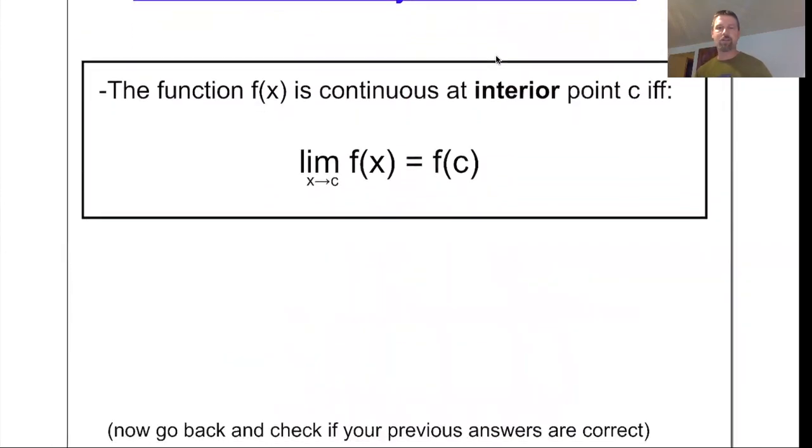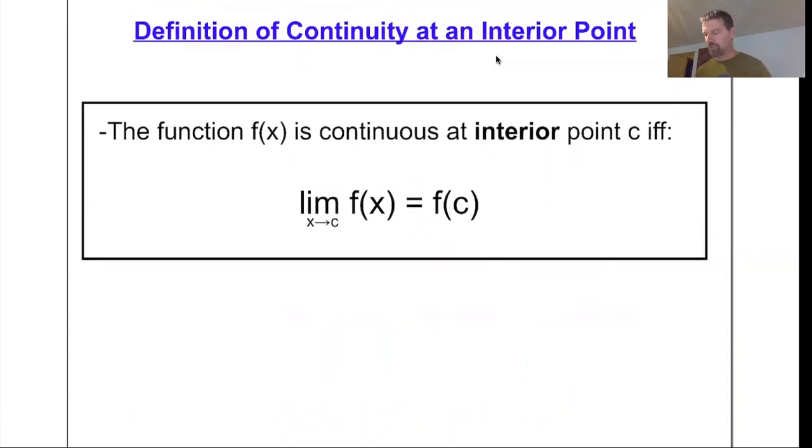So a formal way to define continuity is if the limit as you approach some number c is the same as plugging that c in. In other words, the function f of x is continuous at an interior point, we're ignoring the endpoints for now, if and only if the limit as x approaches c of f of x is the exact same thing as f of c.